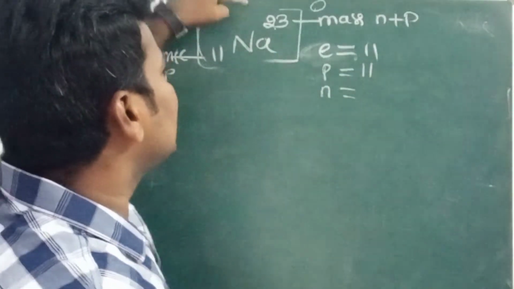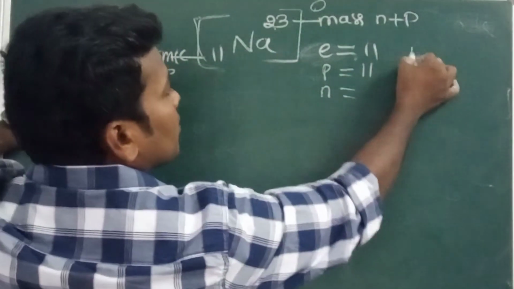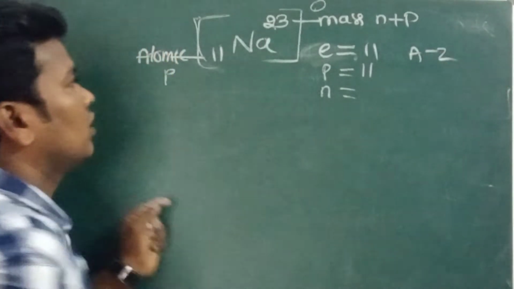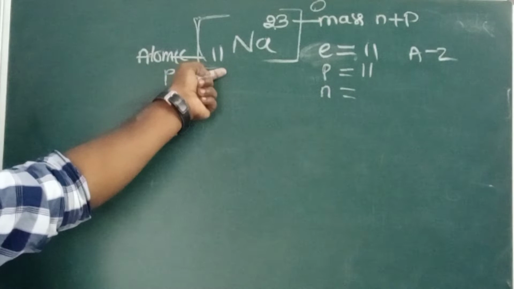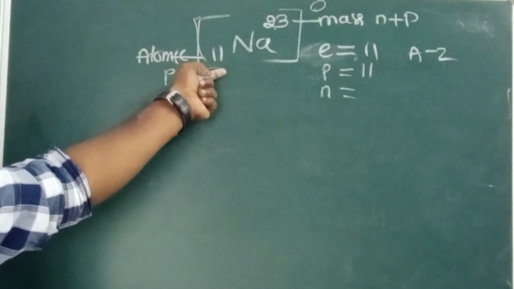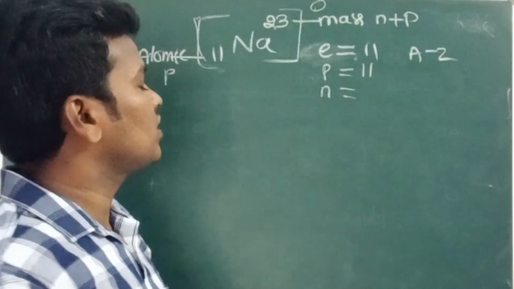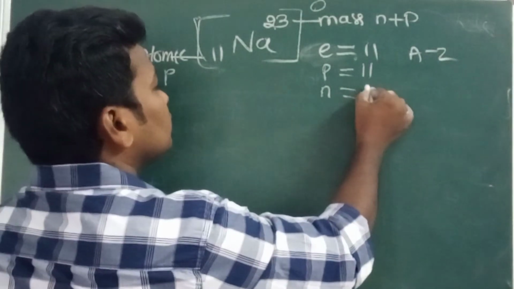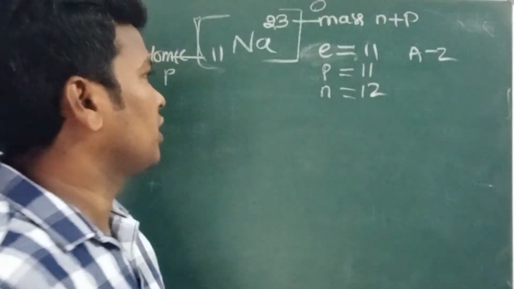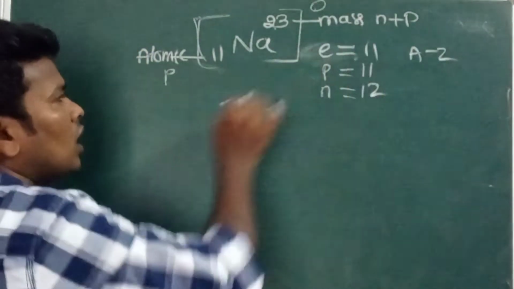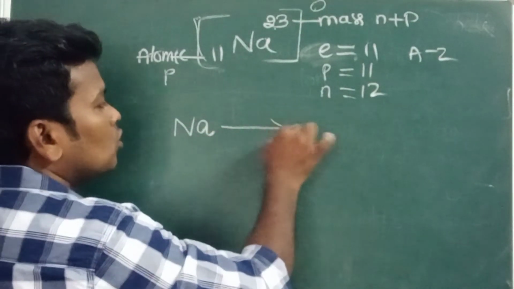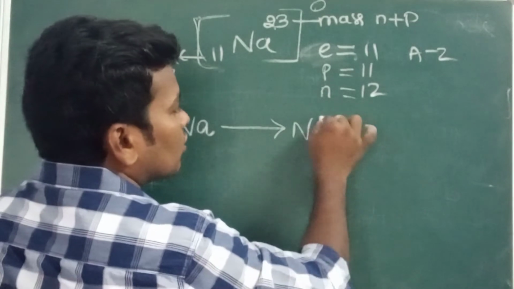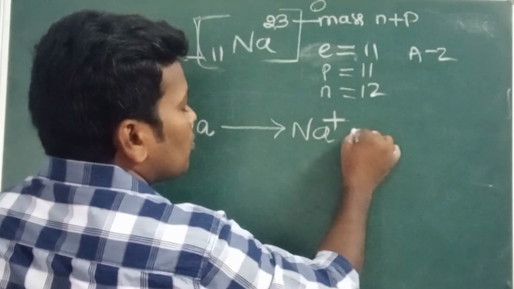Neutron, how can you calculate? A minus Z. That means 23 minus 11, then you will get the number, which we are calling the neutron number. Now, if you see, this is the neutral atom. So, for example, sodium is losing one of its electrons and becomes plus 1.